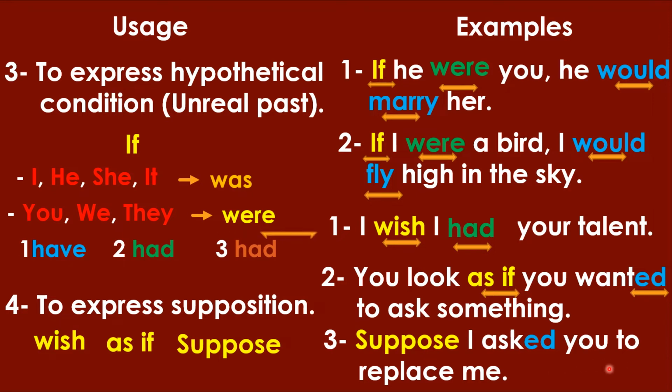Suppose I asked you to replace me. Here we use the past form of ask, which is asked. Do you remember we pronounce the ed as t? I asked you to replace me.